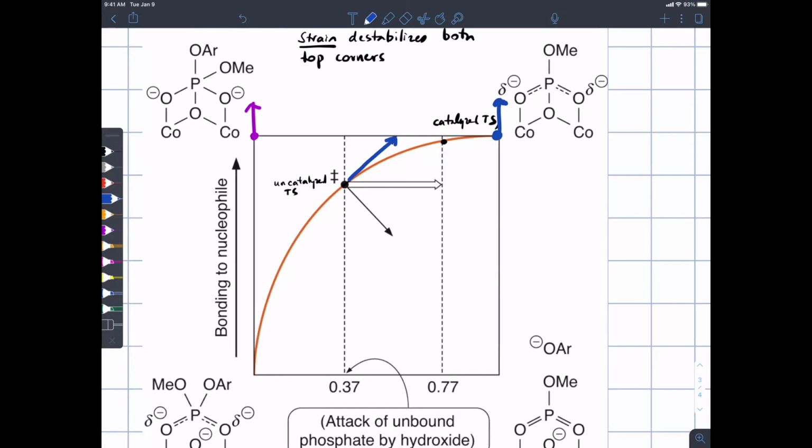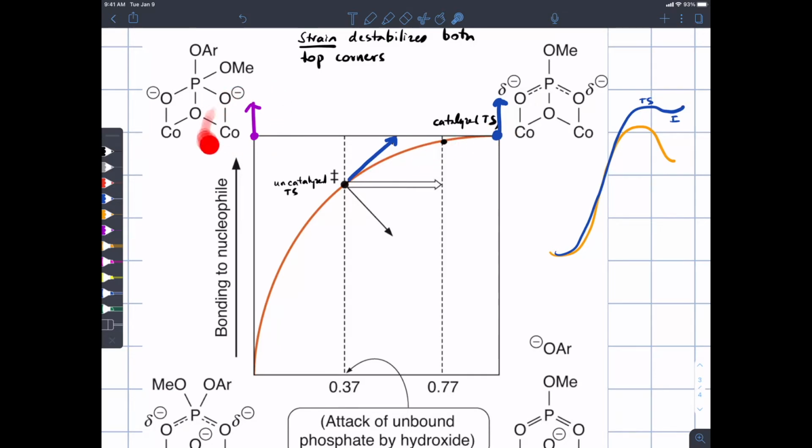And that's just, again, an example of the Hammond postulate, right? If you go from starting material to product and then you destabilize the intermediate, the transition state is going to look a lot more like the intermediate. And so in terms of reaction coordinate, you've moved closer to that intermediate.